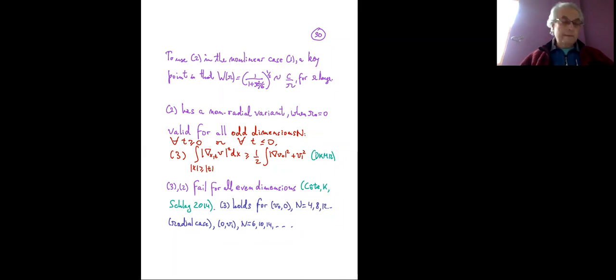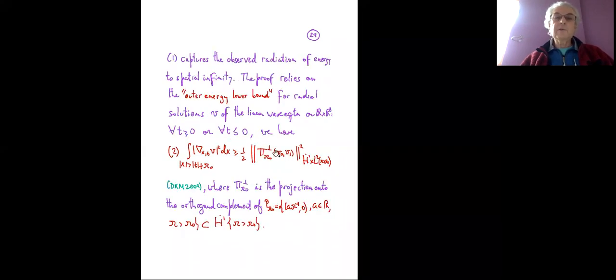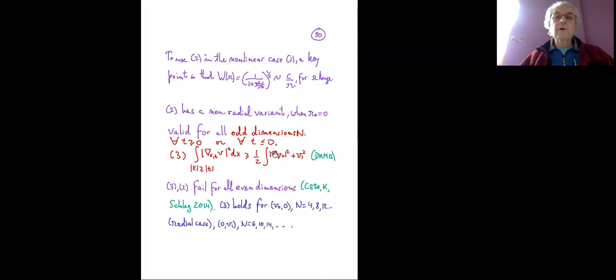So let me now speak a little bit about inequalities. This inequality 2 has an analog in the non-radial case, but only when R naught is 0. And it's valid for all odd dimensions n.